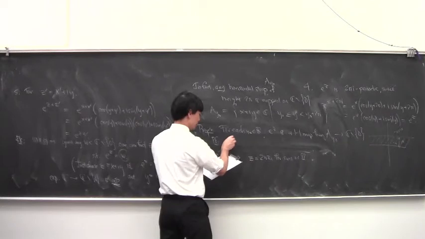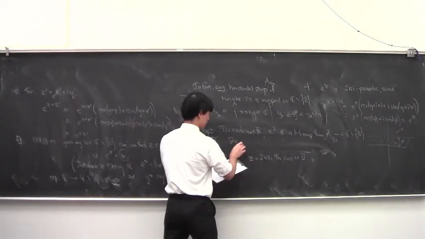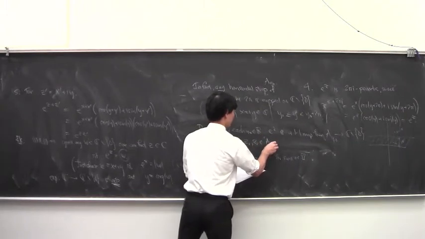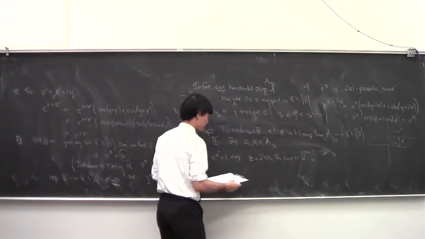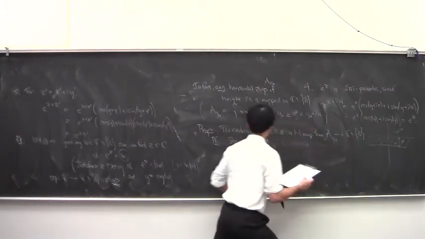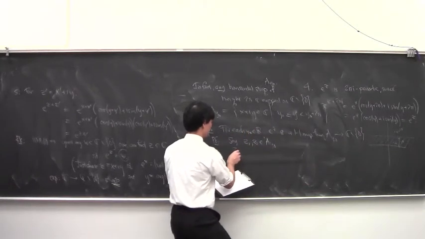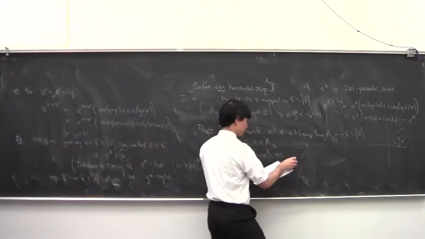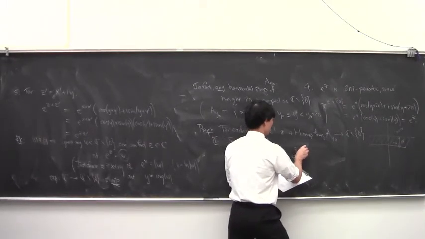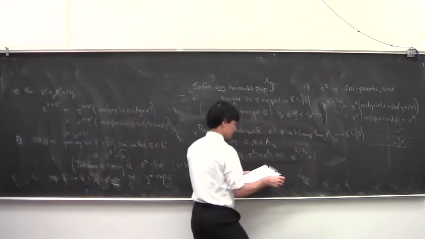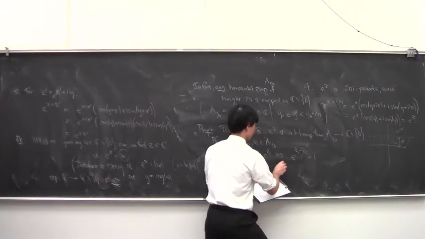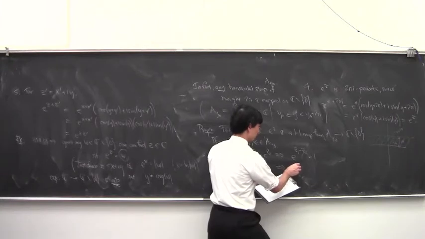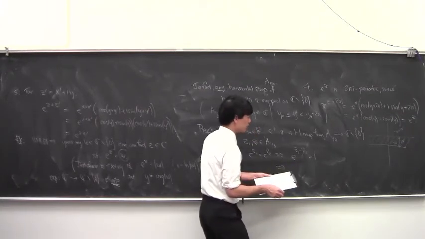it's 1-to-1. So say that z1 and z2 are in one of these strips, and suppose that e to the z1 equals e to the z2. In that case, e to the z1 minus z2 is equal to 1, using what we just proved. And so what does that tell us?